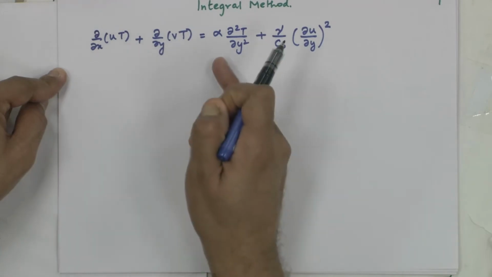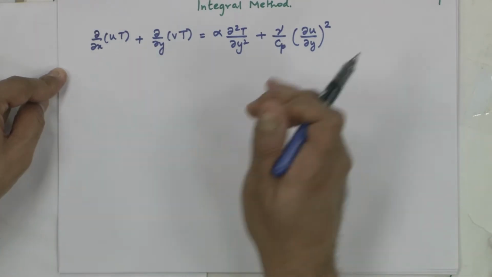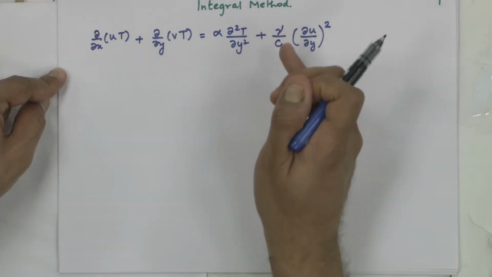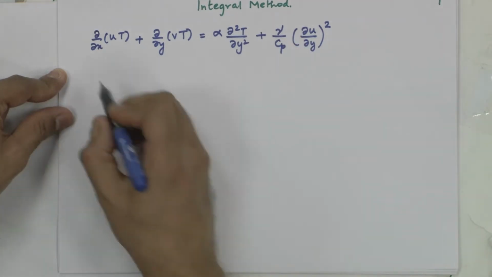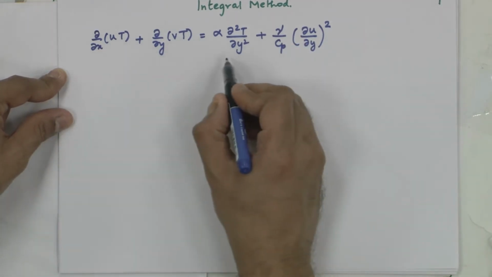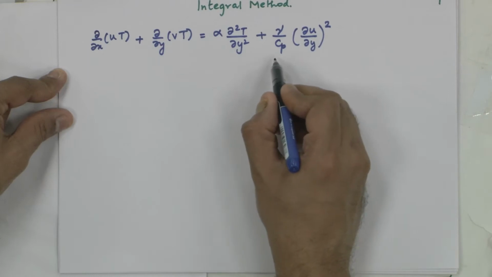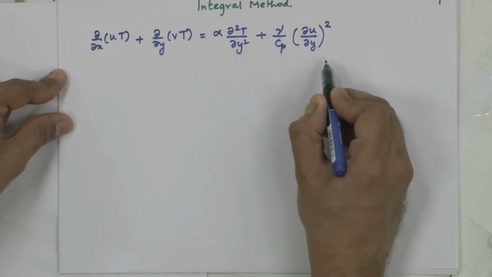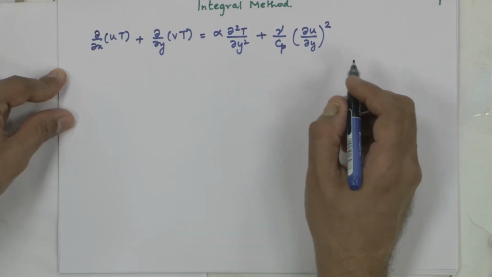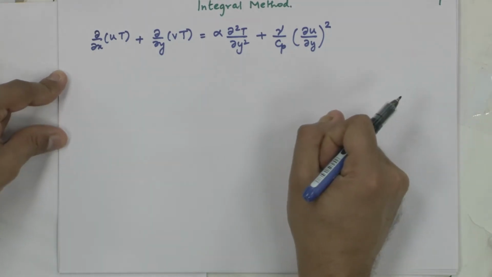The rho Cp is brought down here and you get alpha, and mu over rho Cp is nu over rho Cp. This is the advection term, this is the conduction term, this is the effect of viscous dissipation, which is important only in high speed flows.